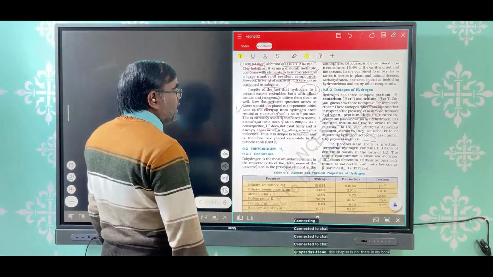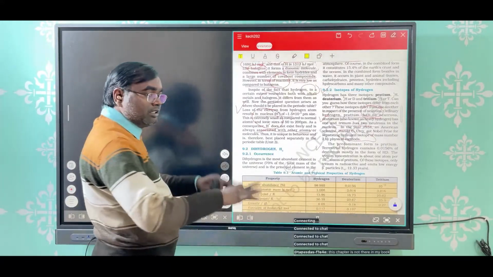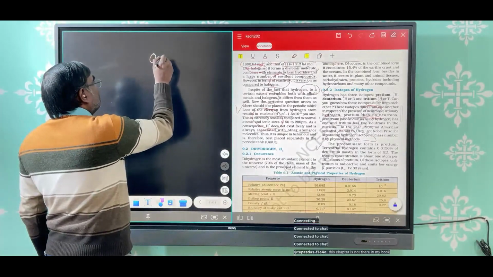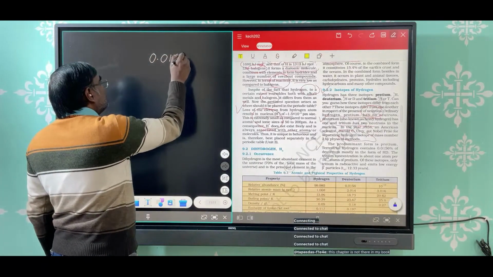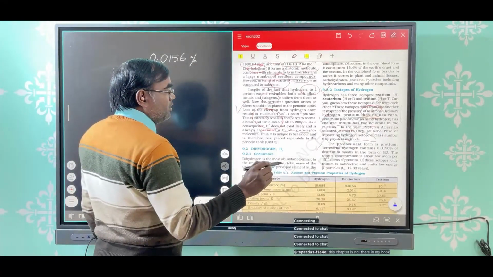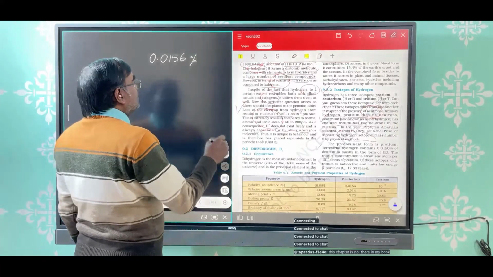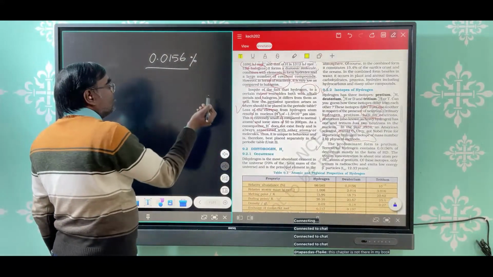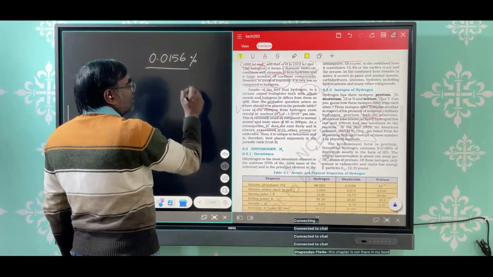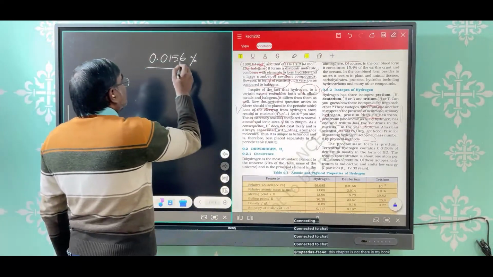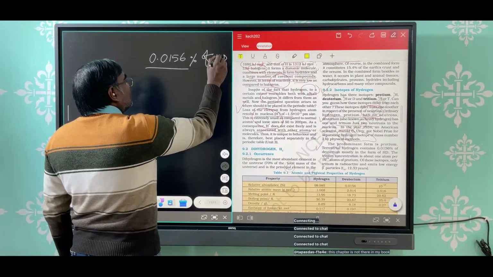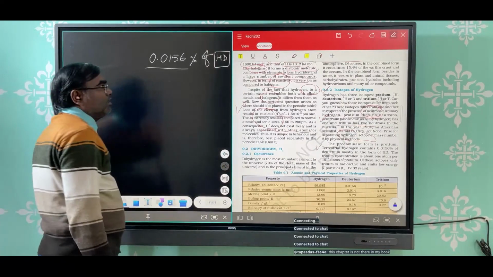Terrestrial hydrogen, meaning hydrogen on the Earth, contains this much deuterium, available in the form of HD.